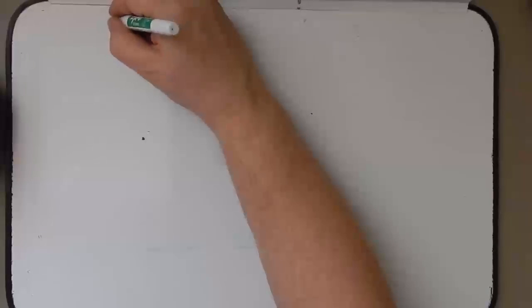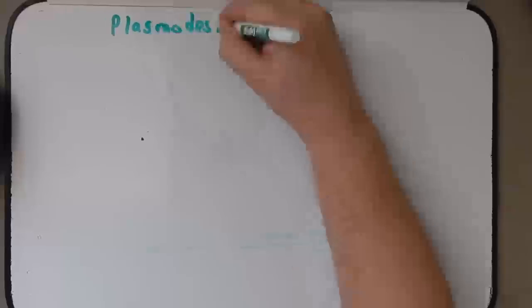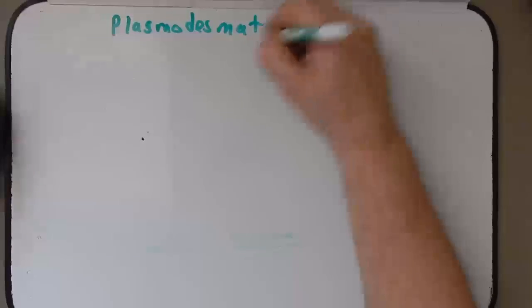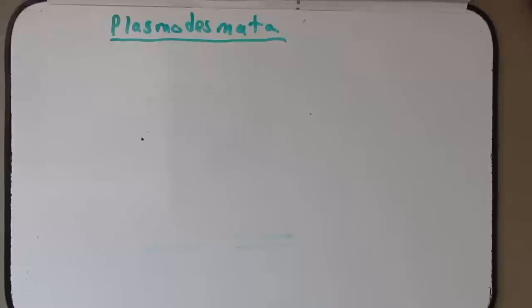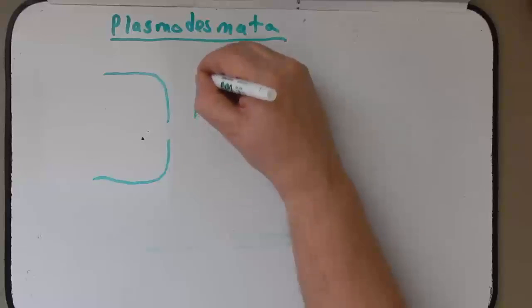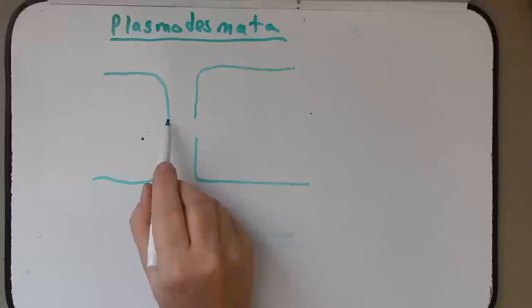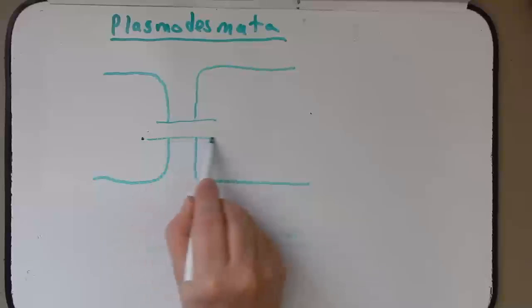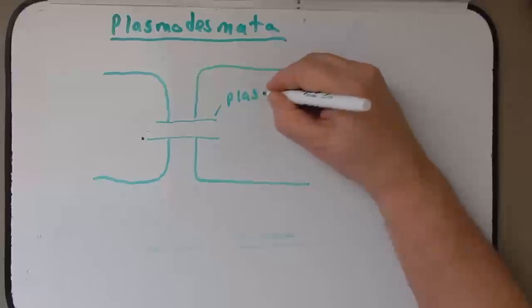Well, I'd like to close this podcast with a description of a cellular junction found only in plants, and they're called plasmodesmata. They're similar to gap junctions, but there are some distinct differences that I think are worth pointing out. So here we have 2 adjacent cells, plant cells. And this opening between them that connects these 2 cells is what we call the plasmodesmata.